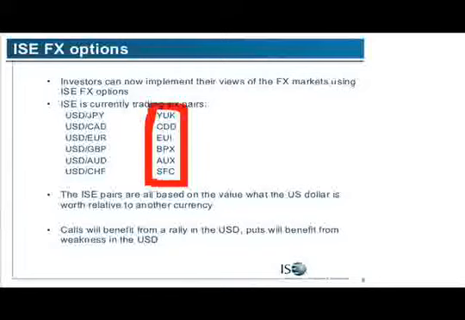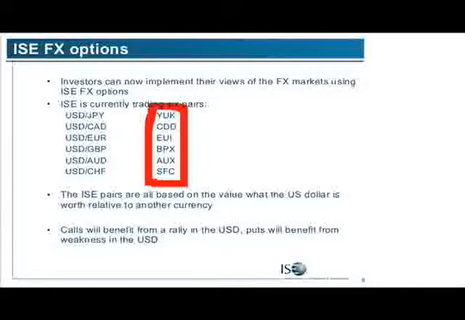So you see that one thing that's consistent, it's dollar relative to the other currency, whether it's the yen, the Canadian, the euro, British pound, Aussie dollar, or Swiss franc. And the symbols are there as, YUC, CDD for Canadian, EUI for the euro, BPX British pound, AUX is the Australian dollar, and lastly the Swiss franc.